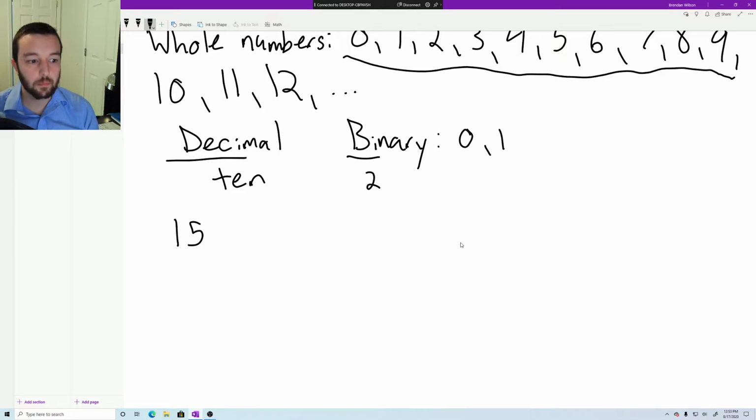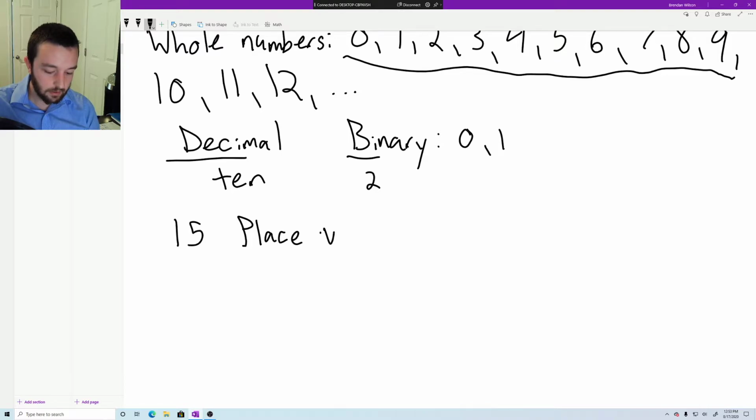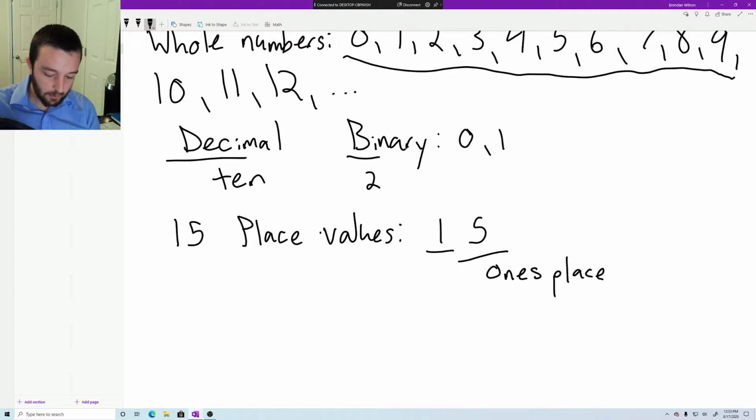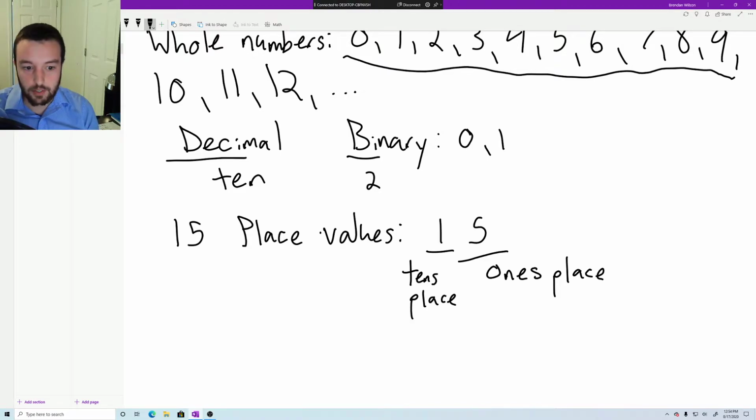Well, we use what's called the place values, right? So with place values, okay, the 5 is in what's called the ones place, right? The 1 is in what's called the tens place. Okay, and notice when we get to 10, that's when we start using the tens place. And likewise, when we get to 100, we'll start using the hundreds place, and so on.